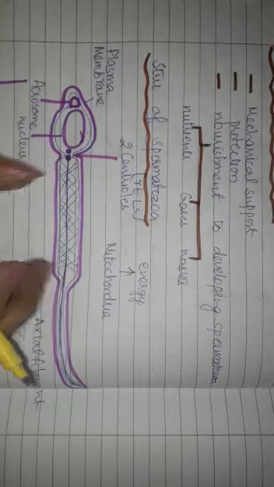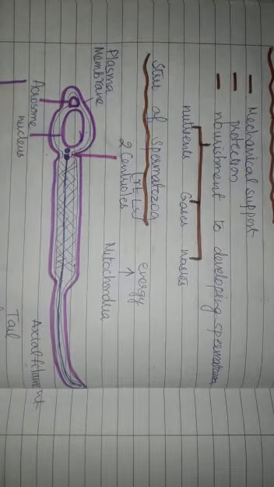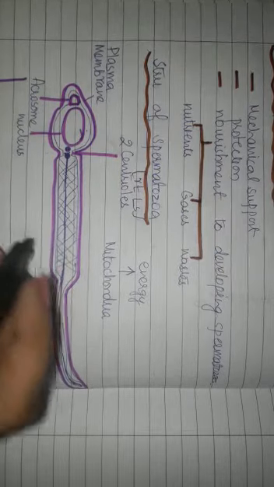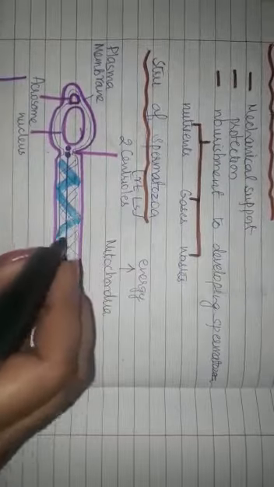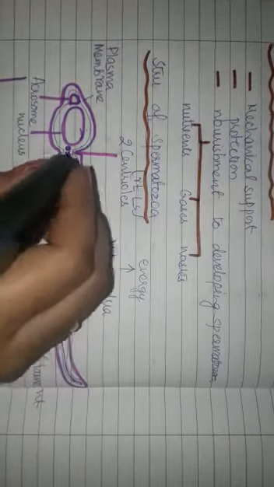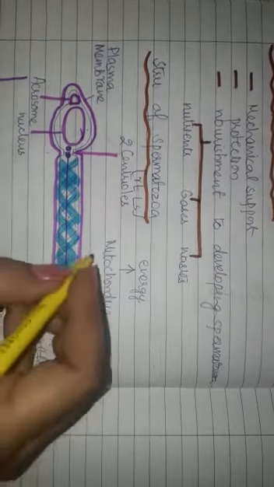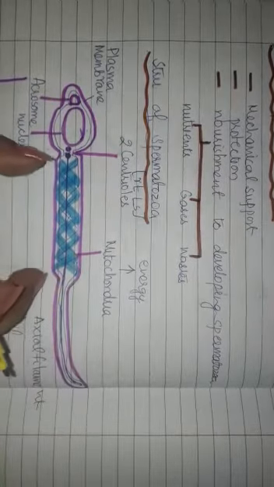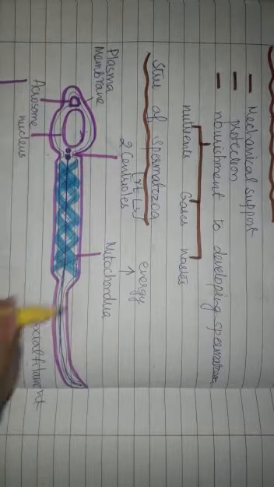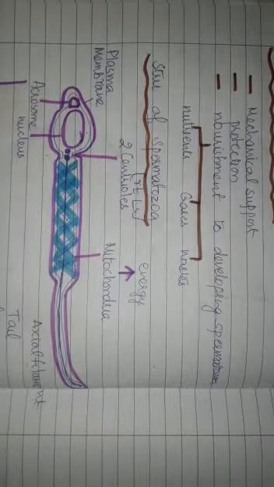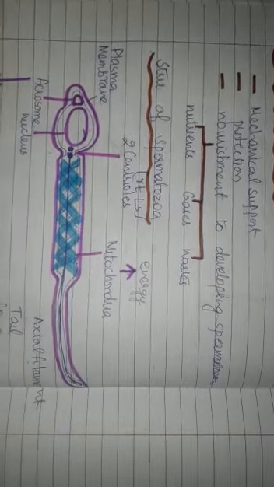The middle piece mainly consists of mitochondria, and these mitochondria provide energy to the sperm for swimming inside the female genital tract.